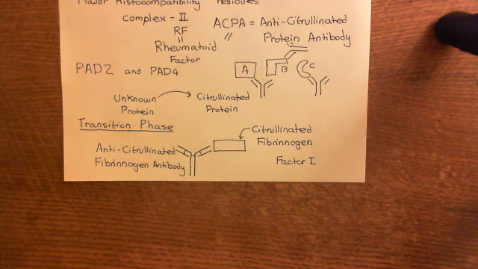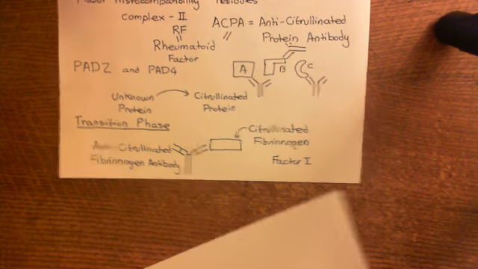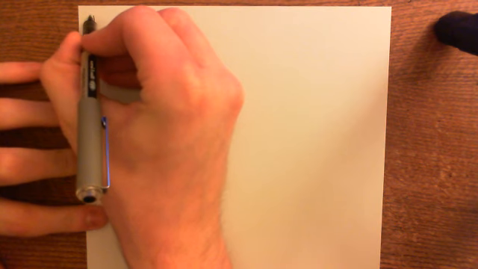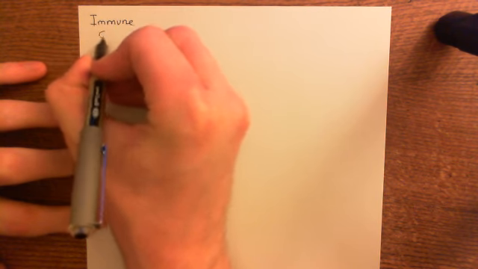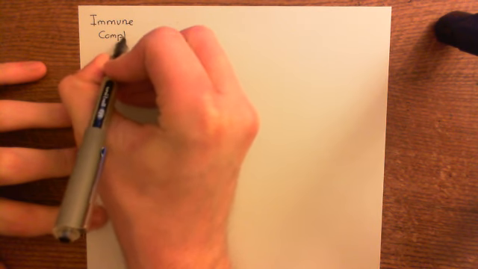So what's going to happen? Well, the two are going to bind together. So what you're going to end up with is immune complexes within the blood. So this is the starting point. What then has to happen?